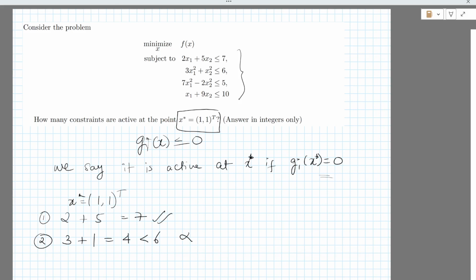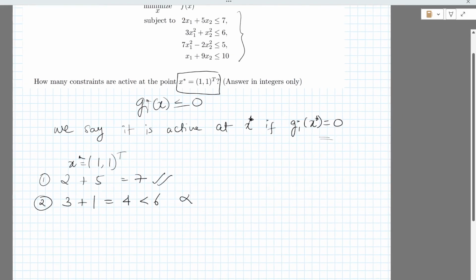So this is not active. Look at the third constraint. I have 7 minus 2 which is equal to 5. So this is active. Look at the fourth constraint. I have 1 plus 9 is equal to 10. So this is also active.